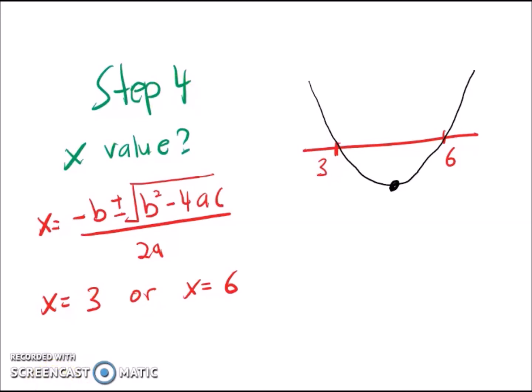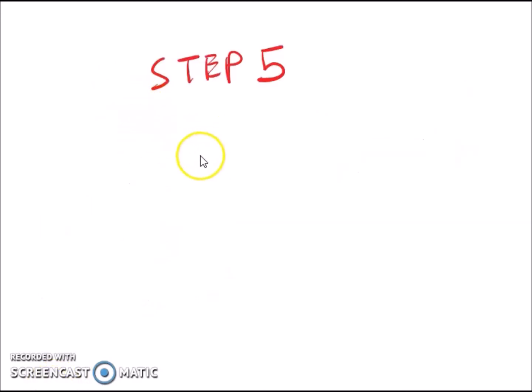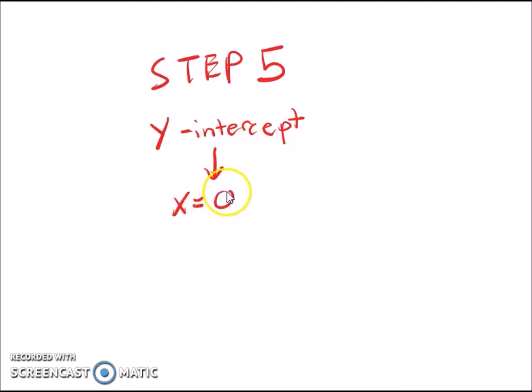Okay, now for step 5, after we have found the x value, now we have to find the y value. So it's called the y-intercept. So how do we find the y-intercept in your quadratic graph? It is by making x equal to 0. So for example, we have the equation 3x squared minus 5x plus 7.